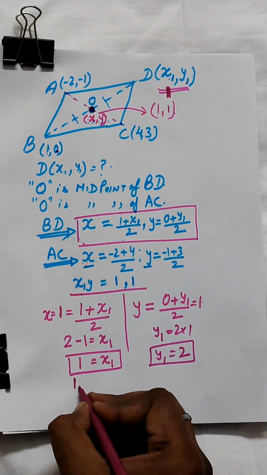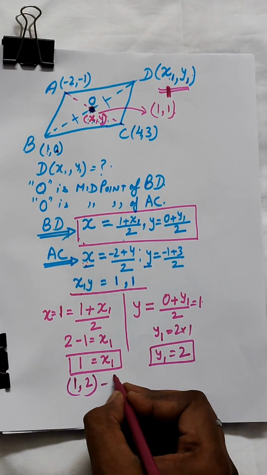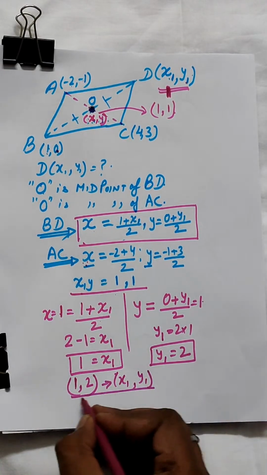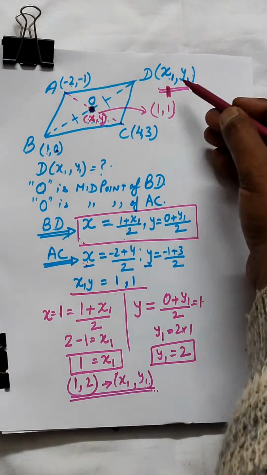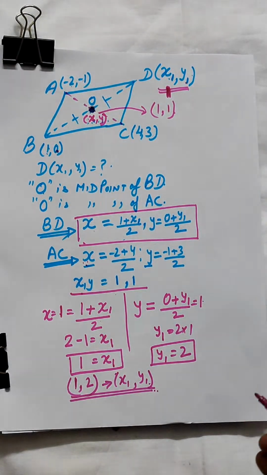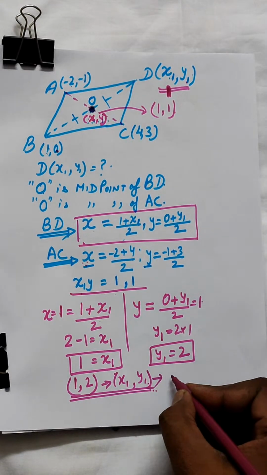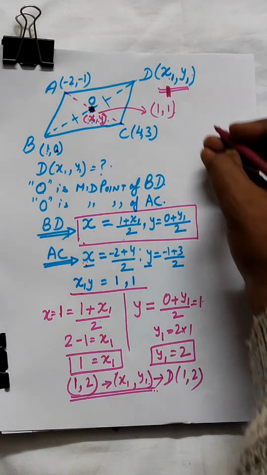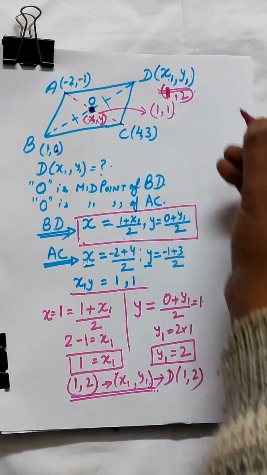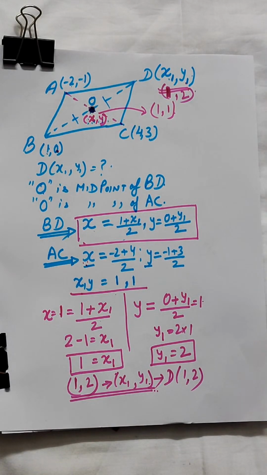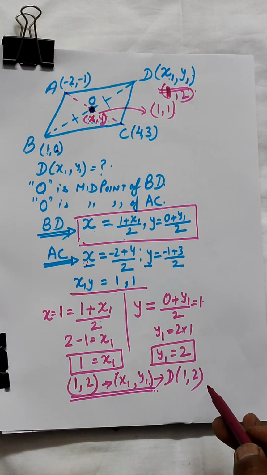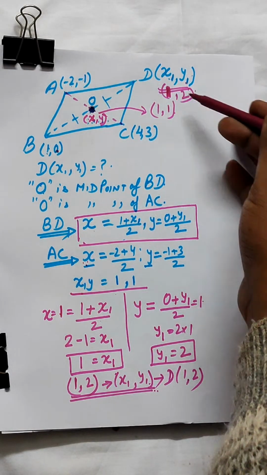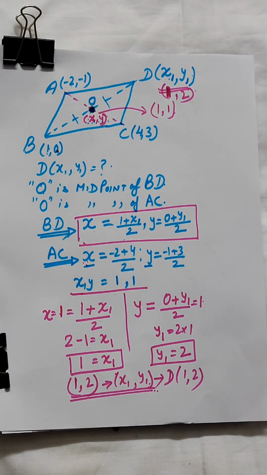So 1 and 2 are the coordinates of x1 and y1. So this is the fourth vertex of this parallelogram, D is (1, 2). This is the answer, that we have calculated the fourth vertex D as (1, 2), right?